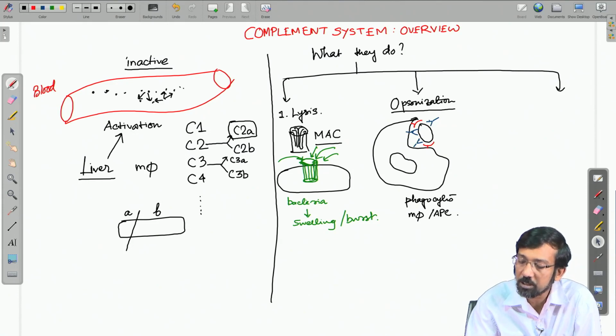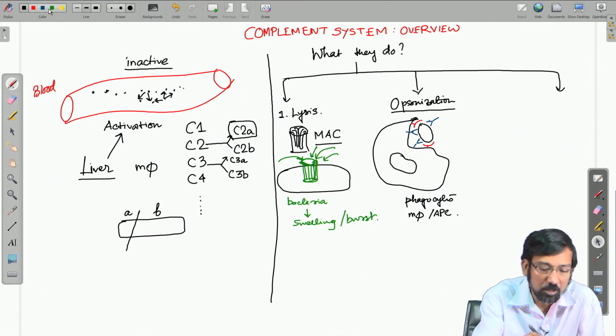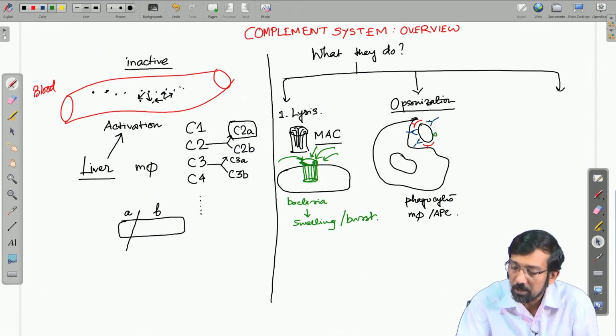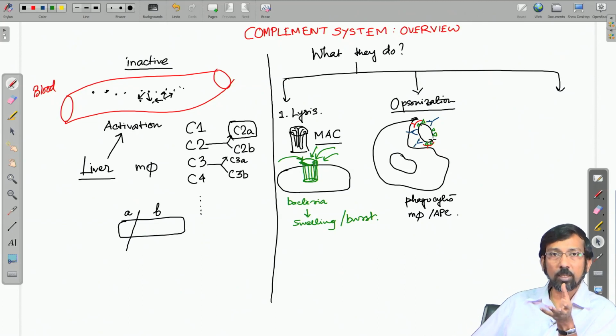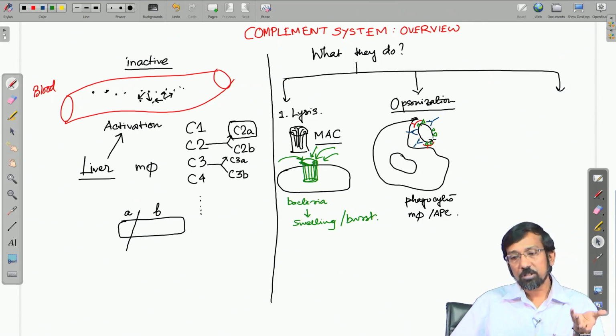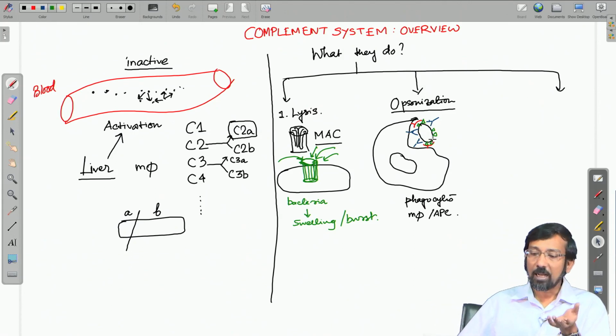They express complement receptors on their surface, and there are complement proteins as well. The complement proteins coat the pathogen and are recognized by the complement receptors, as well as assisted by the presence of the antibodies.